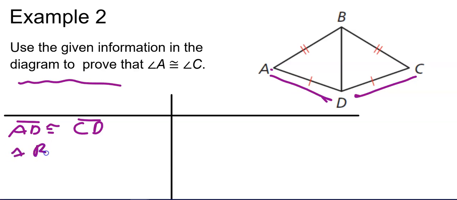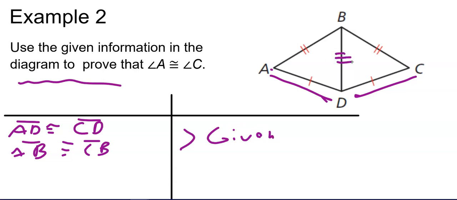Then AB is congruent to CB. That's all we're given. Not in a statement, but in markings. And then what do we always do? Well, we always take anything like this and say BD is congruent to itself by the reflexive property.